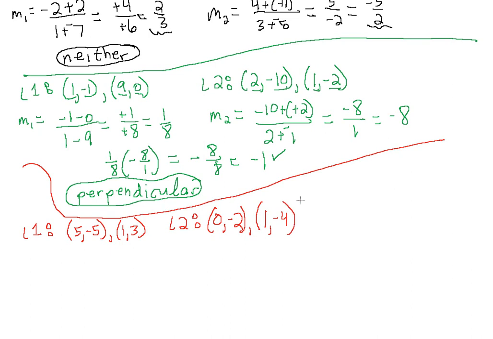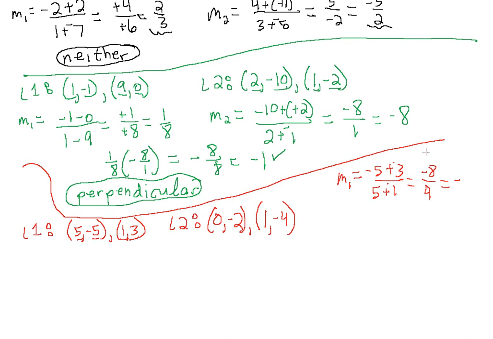Okay, first thing we want to do is find their slopes. So m sub 1, the slope for line 1, is -5 minus 3 divided by 5 minus 1. Very straightforward. We're just using our slope formula. So we get -8 divided by 4, which is -2.